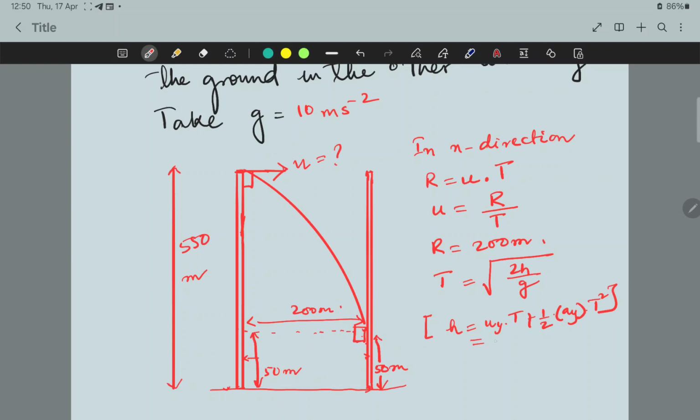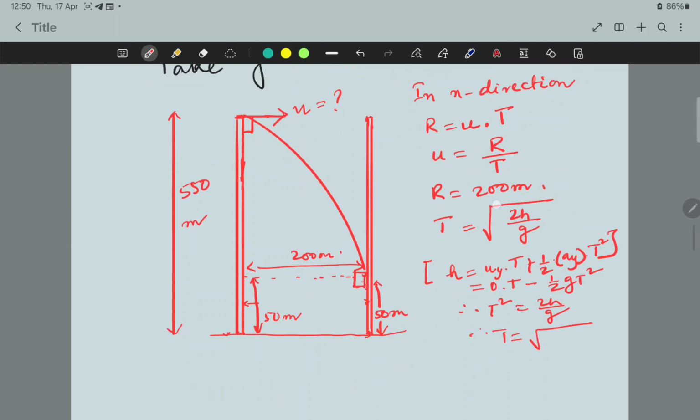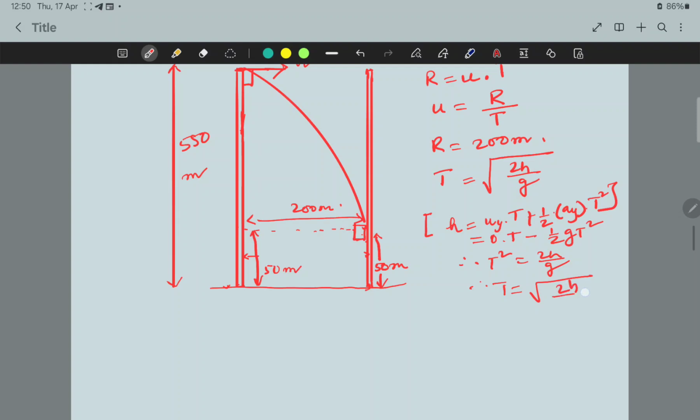Now uy is 0, so 0 into t minus half g t square. So that gives us t square equals 2h by g, and therefore t equals root over 2h by g. So I have straight away used the formula t equals root over 2h by g.